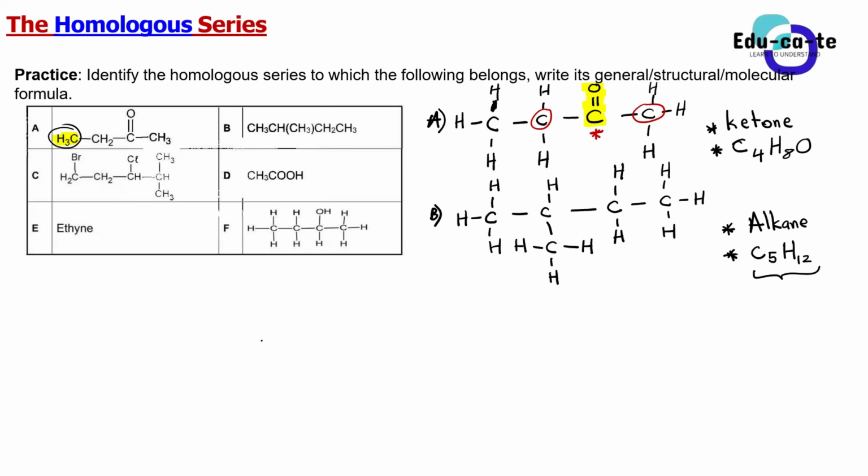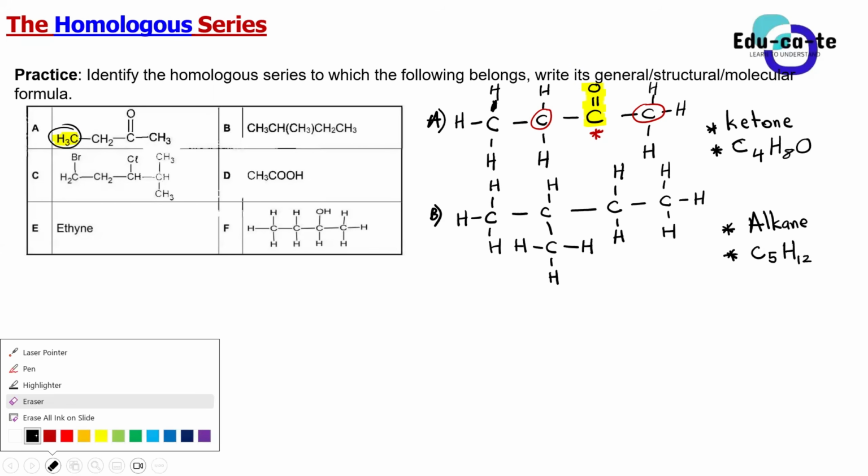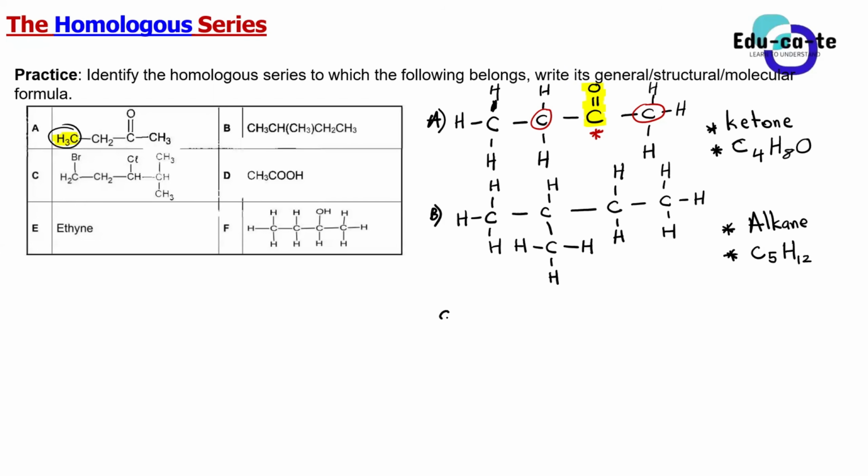Okay, so to minimize wastage of time, let's complete this activity, guys, so that we can introduce naming. What about C, guys? To which homologous series does compound C belong? Haloalkane. So the homologous series to which that belongs is haloalkane.